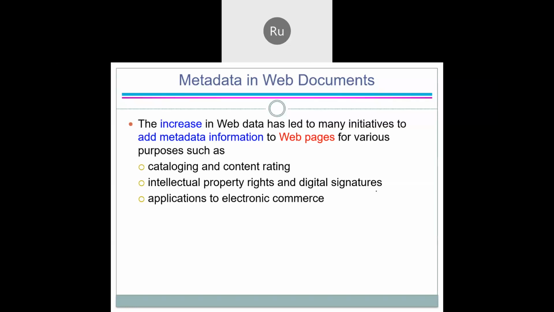So the IP rights and digital signature are getting more important because we want to know which document belongs to us. We want to claim it. Because if we just post the document, someone can copy or download and then modify it, and then it becomes theirs. How do we claim that the document belongs to us? So that becomes more important at the moment.